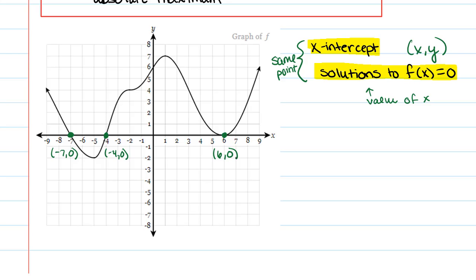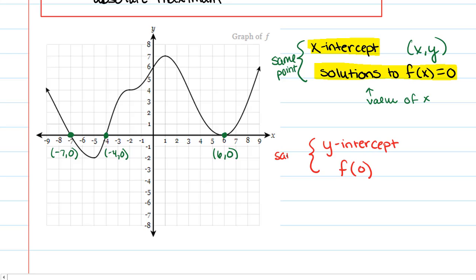Okay, next, let's talk about the y-intercept. And that may also be known as f of 0. So again, these would be the same point. Okay, so let's label those. With a function, there should always only be one y-intercept, right?